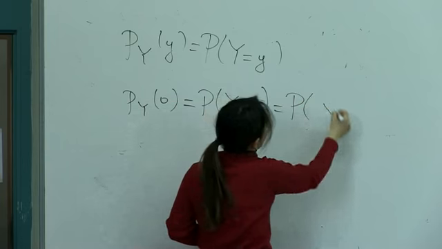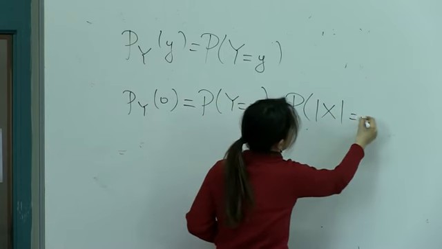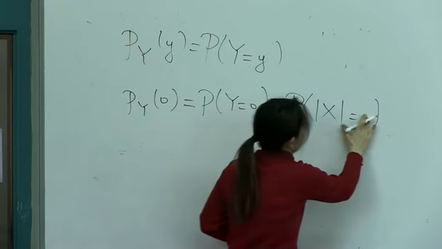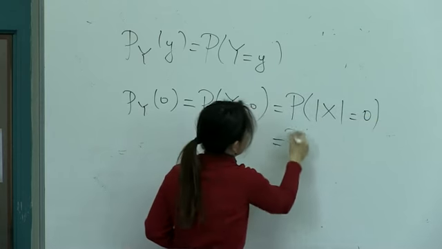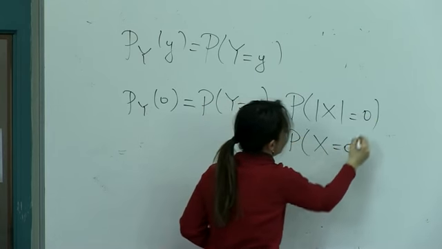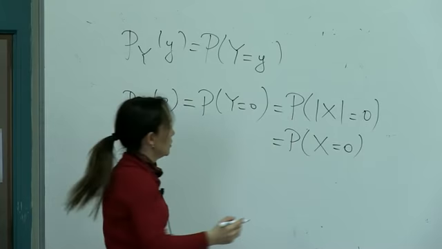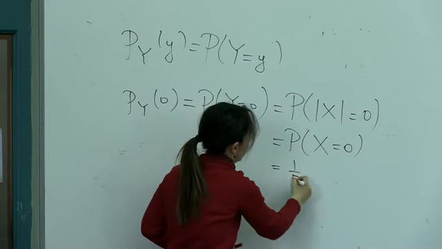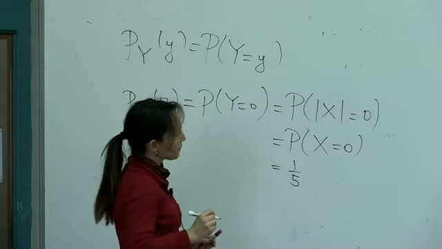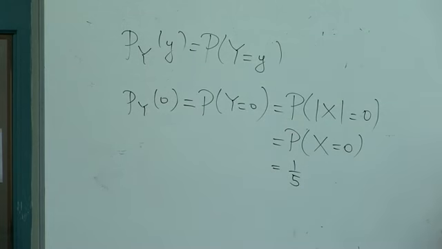This is the probability that the absolute value of x is 0, which is the same as saying, what is the probability that x itself is 0? 1/5. Okay, so we got that. In fact, that came from here.